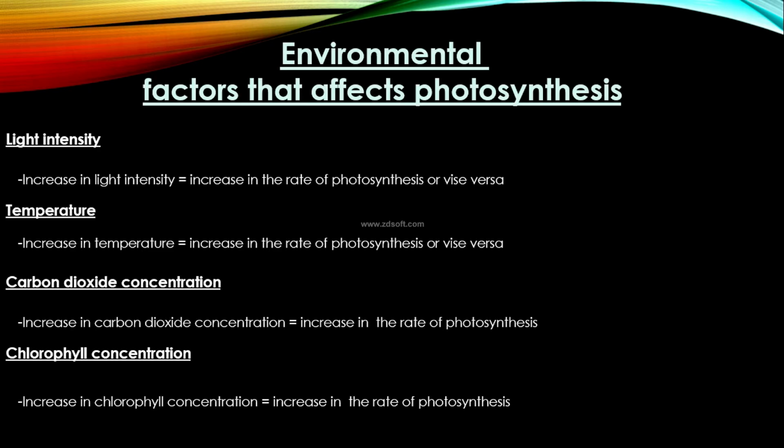On environmental factors that affect photosynthesis, we'll be talking about light intensity, temperature, carbon dioxide concentration, and chlorophyll concentration. An increase in light intensity equals an increase in the rate of photosynthesis, or vice versa. Simply meaning when light increases, the rate of photosynthesis also increases.